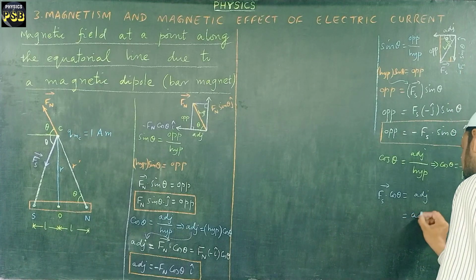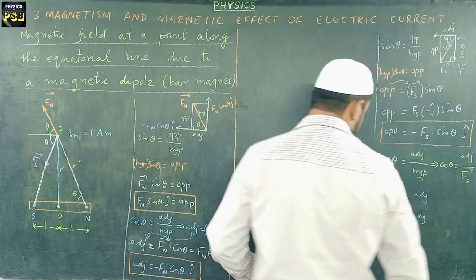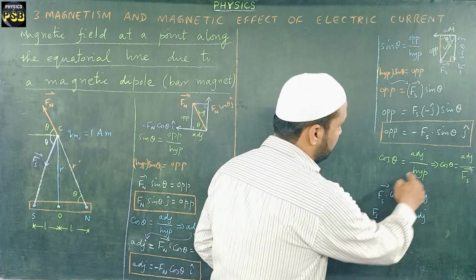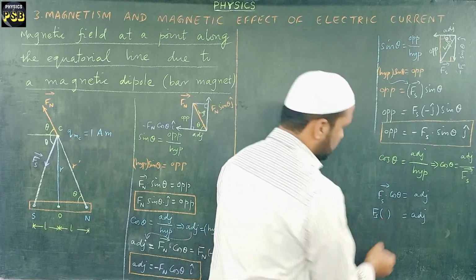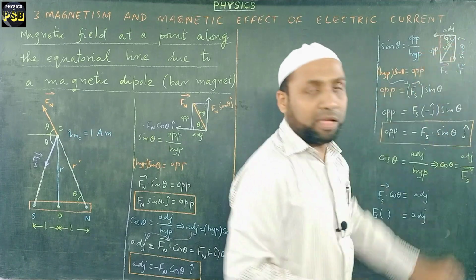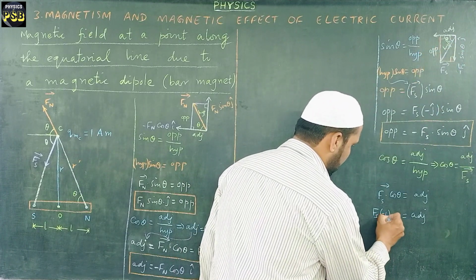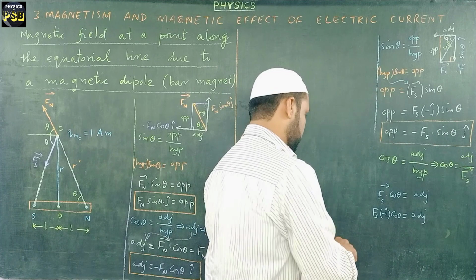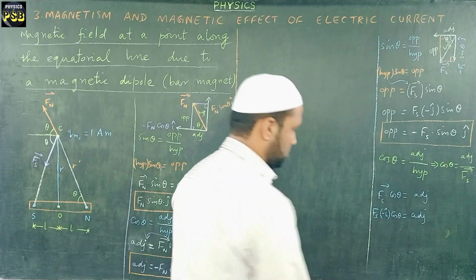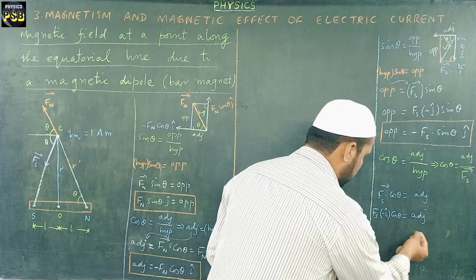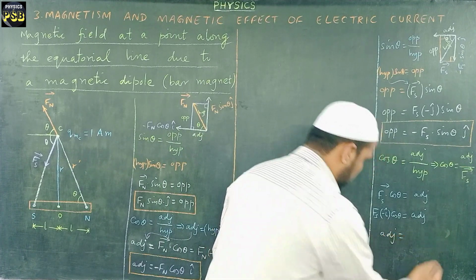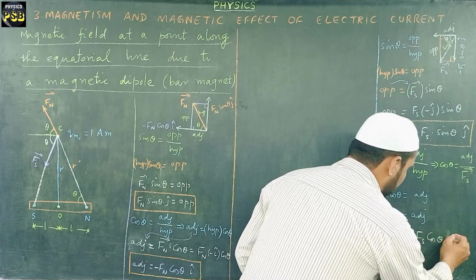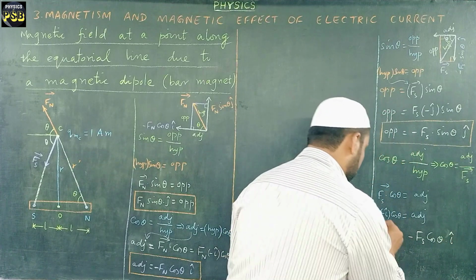Then this adjacent side can be written this way. Fs, the direction is given by the unit vector. What is that? The unit vector along the minus x-axis is minus i cap cos theta. Now I write it this way. Adjacent side is equal to minus Fs cos theta multiplied with i cap. Now I box this for better visibility.